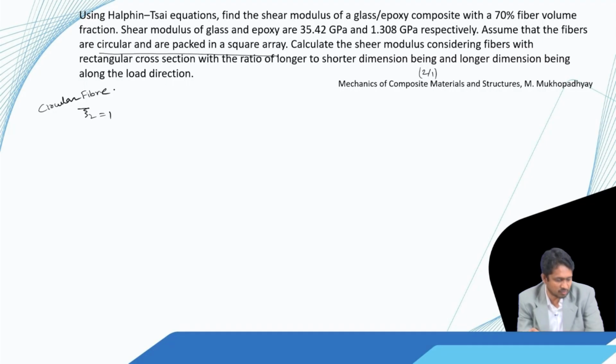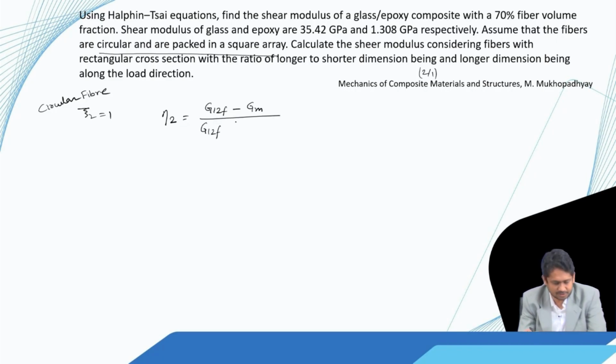If xi 2 is equal to 1, then eta 2 is equal to, as we know, G 12 fiber minus G of matrix divided by G 12 fiber plus xi 2 multiplied by G m.